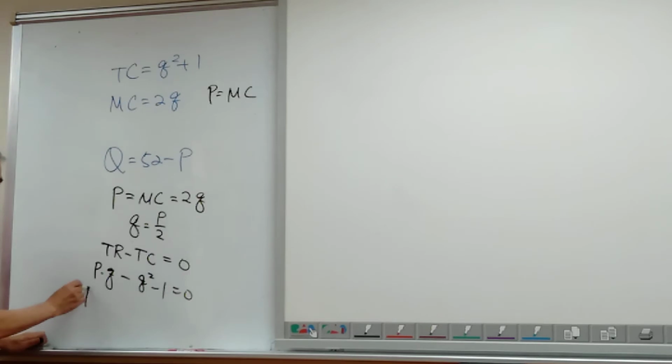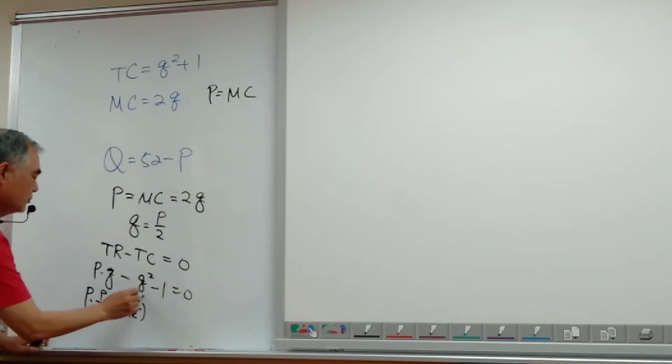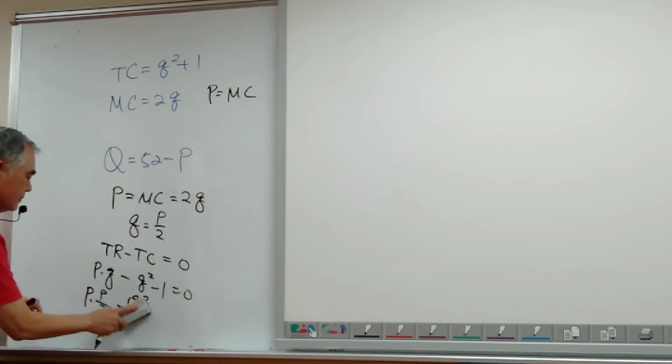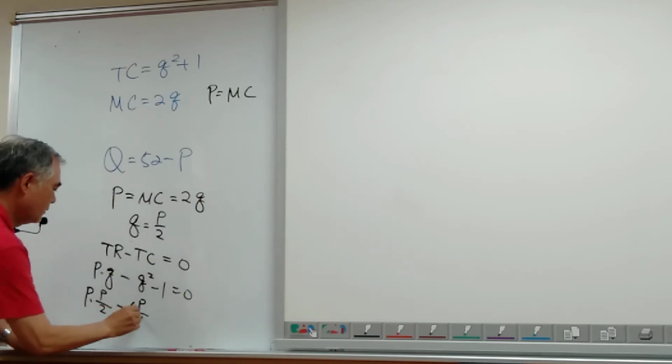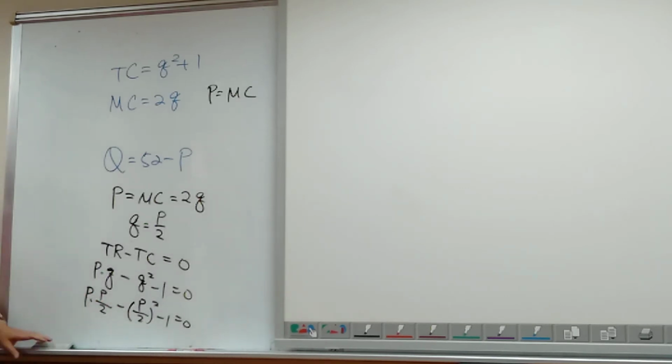So P times P over 2 minus, Q over 2 squared, sorry, P over 2 squared minus 1 is equal to 0. Any question to this point?